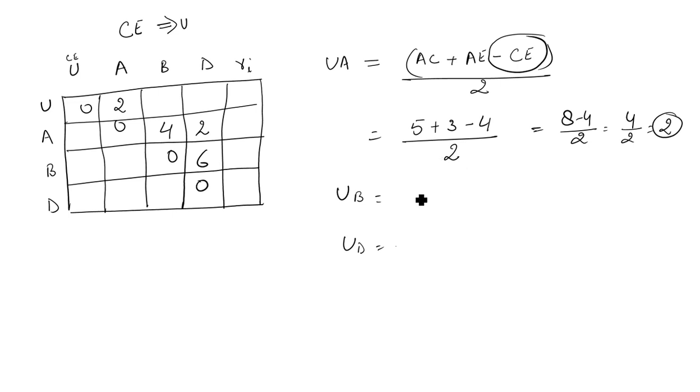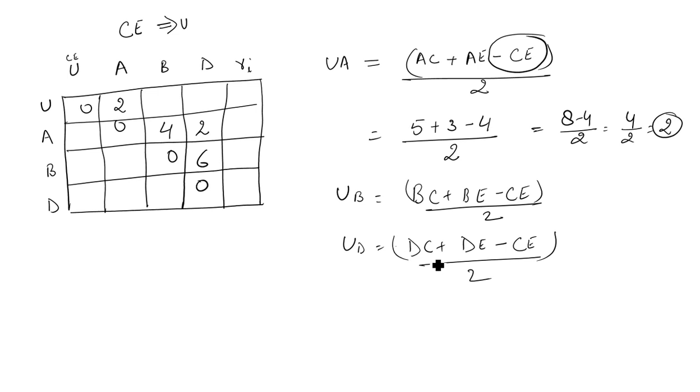Again, I will write the formula: BC plus BE minus CE divided by 2, and DC plus DE minus CE divided by 2. So the values which you will get here are 5.5 and 2.5.